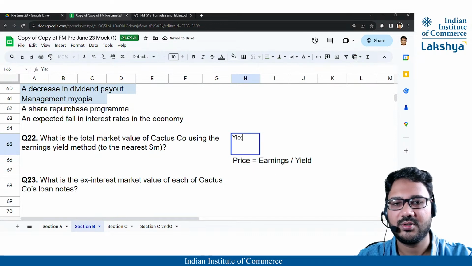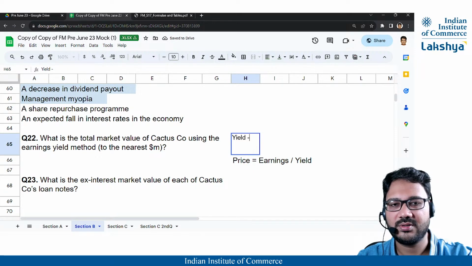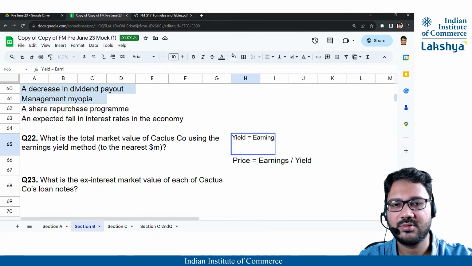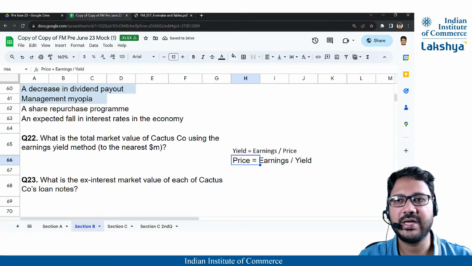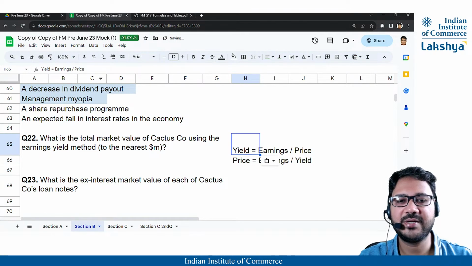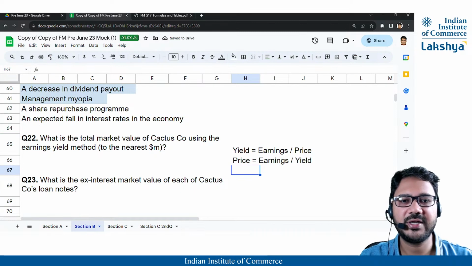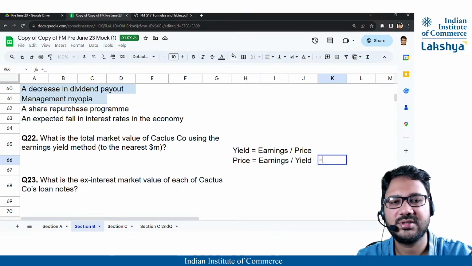Yield is equal to earnings divided by price. This is the actual formula, but we have rearranged it and we get price is equal to earnings divided by yield, which essentially is just take the earnings.